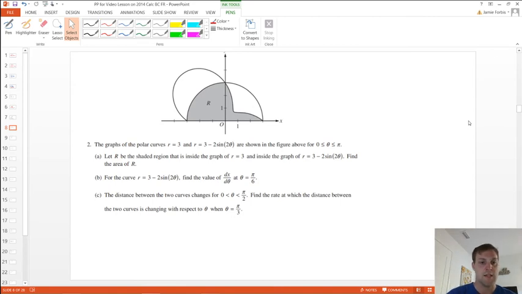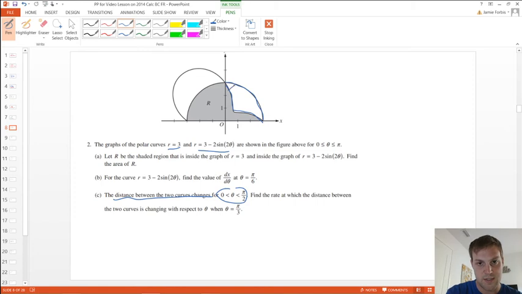All right, then C. The wording here is confusing, but it's not that bad. It says the distance between the two curves. So that's r equals 3 and r equals 3 minus 2 sine 2 theta. And we're looking at that between 0 and pi over 2. So the distance between the two curves is obviously changing. I mean, here is one curve between 0 and pi over 2, and here's the other curve.